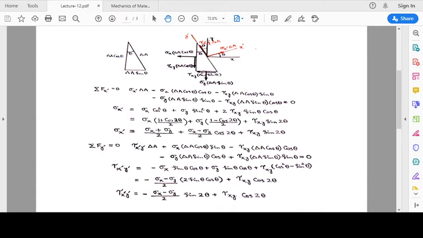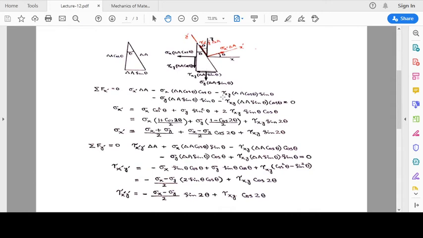Now we talk of these two forces, sigma y into delta A sine theta. This is your x prime direction and this is your y prime direction. This angle is going to be theta, so the angle with y prime direction is going to be theta. So the x prime component is going to be this force into sine theta, in the negative x prime direction.